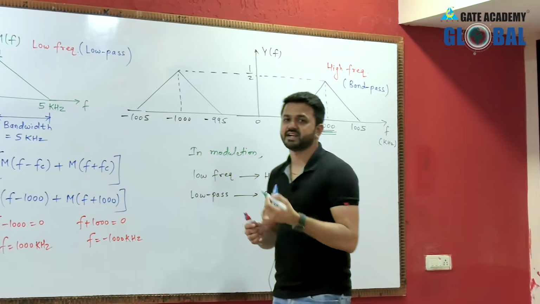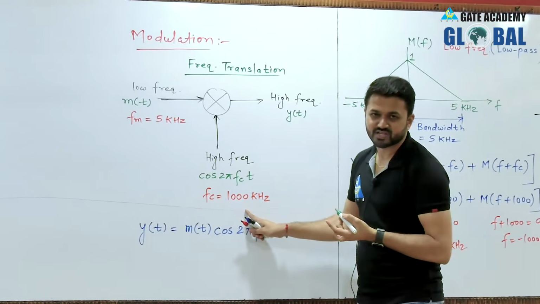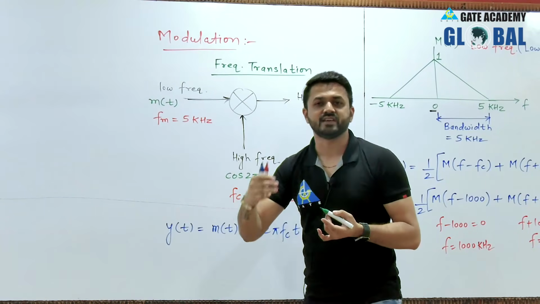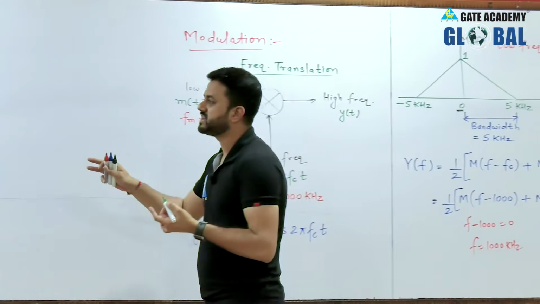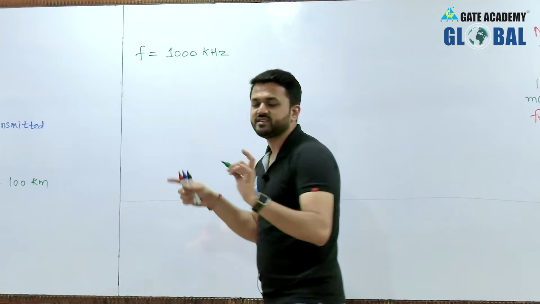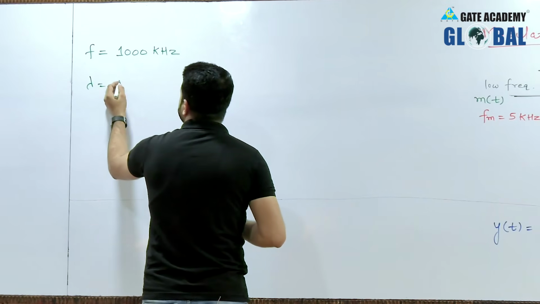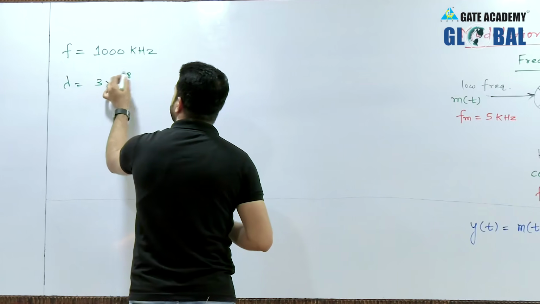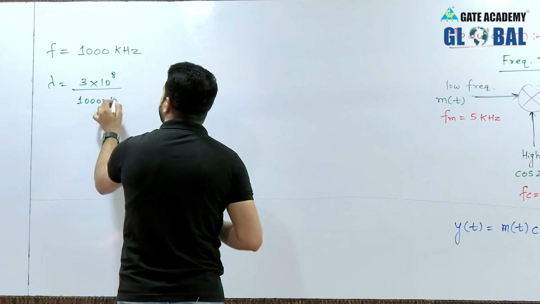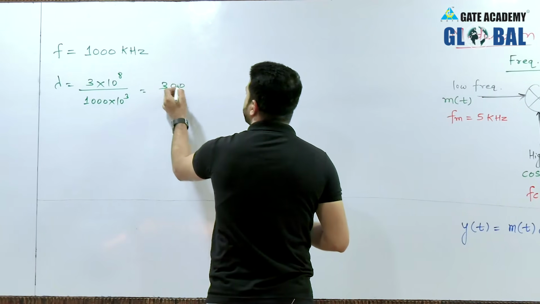If we translate the 3 kilohertz signal into 1000 kilohertz, the range will be 997 to 1003. It does not matter, it is centered about 1000. So if we take 1000 kilohertz frequency, then the wavelength will be 3 into 10 raised to power 8, the velocity of light, divided by 1000 into 10 raised to power 3, which gives 300 meter.